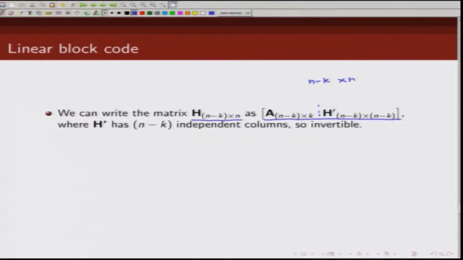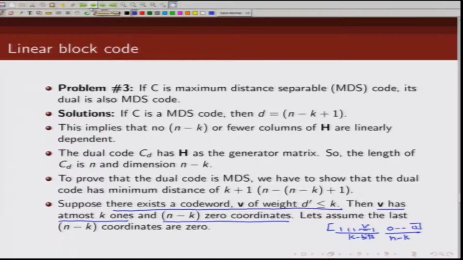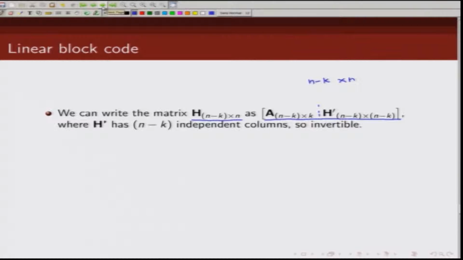Now, what was the rank of this matrix H? Remember, because the minimum distance of the code was n minus k plus 1, no n minus k or fewer columns of H were linearly dependent. So, the row rank was n minus k. So, the column rank is also n minus k. What does it mean?